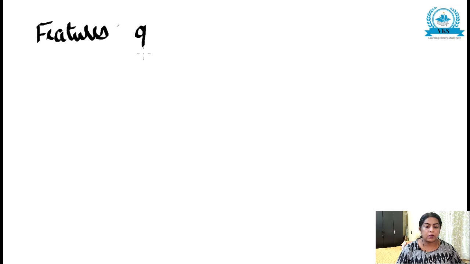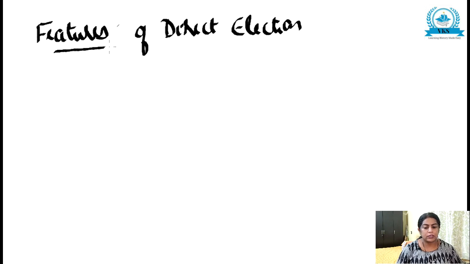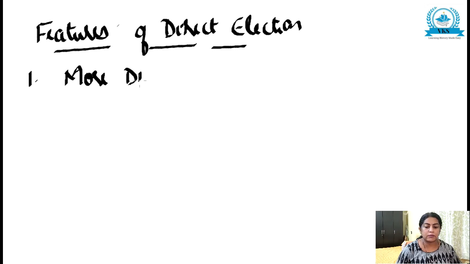Now let us move towards the features of direct election. Let us see them one by one. The first feature is that direct election is more democratic.